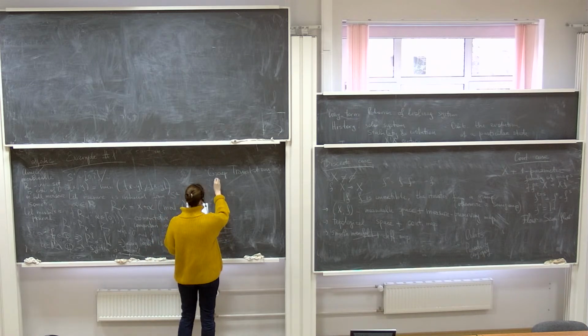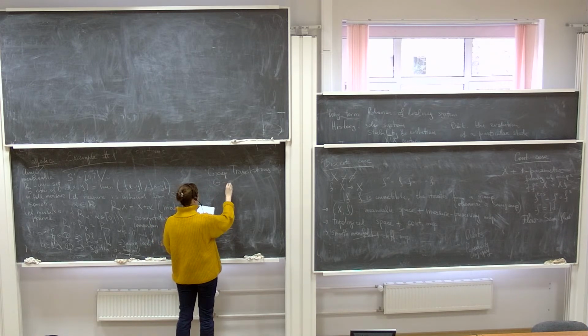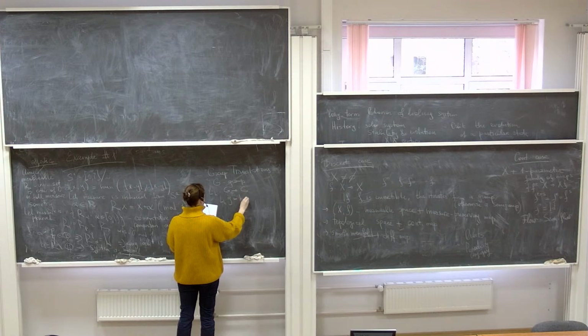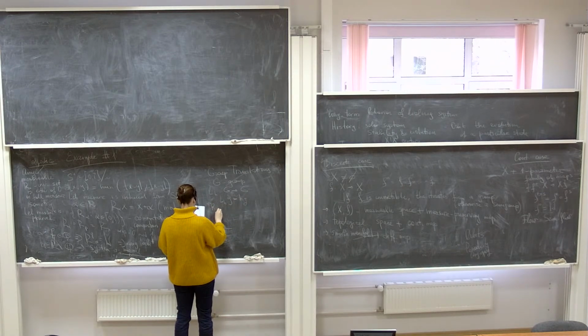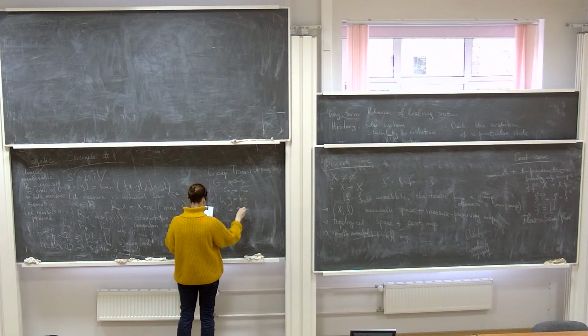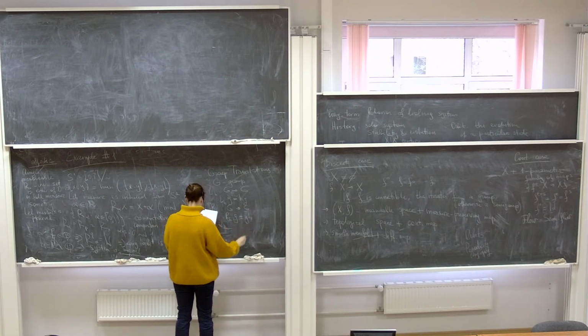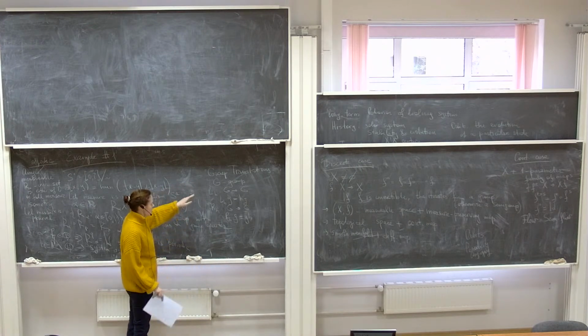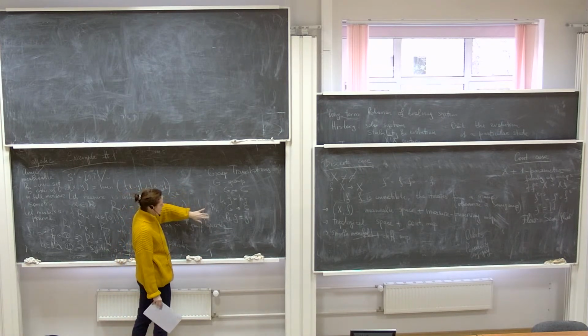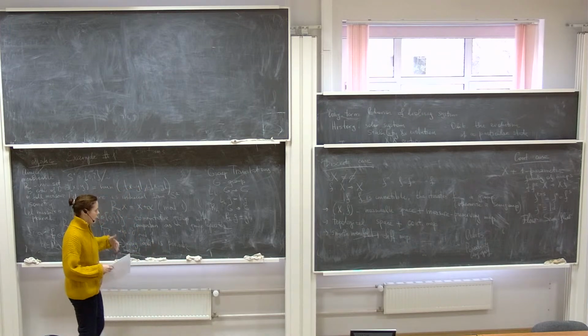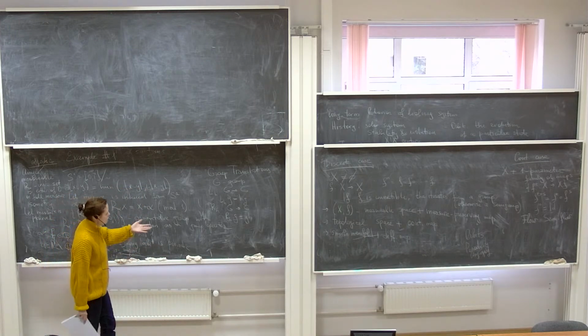So if we have a group G, we may consider L_h, G to G, g maps to hg, or R_h, g maps to gh. If our group is commutative, then this L_h and R_h will coincide. Otherwise, there are two different maps that require different study.